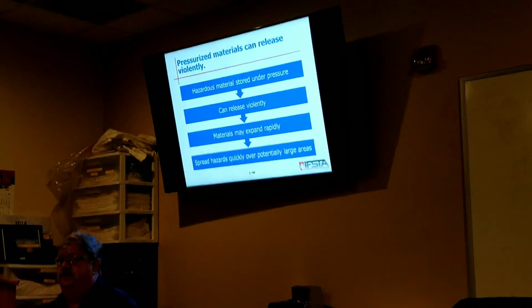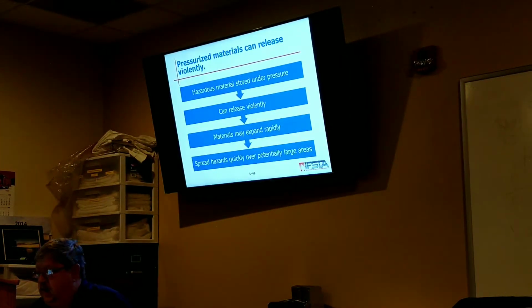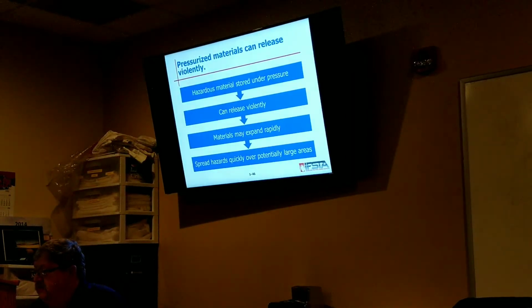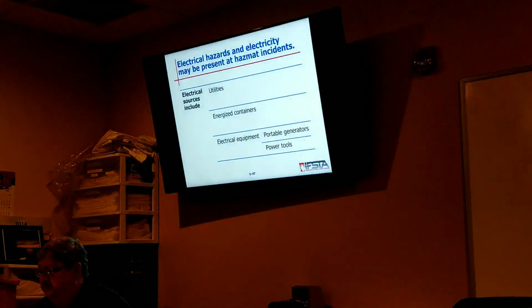So anything that's got a rounded end like that is going to have pressure in it. If it does release, it can release violently. The materials may expand very rapidly, depending on how much flame impingement is on it. It can expand rapidly and spread that hazard quickly over potentially a large area. So just remember that stuff is there.